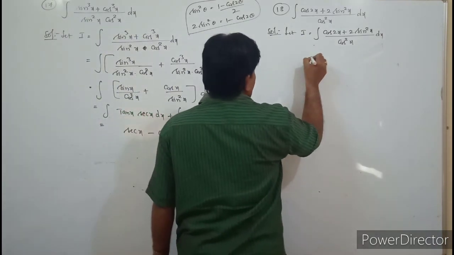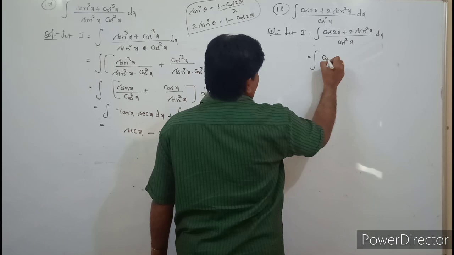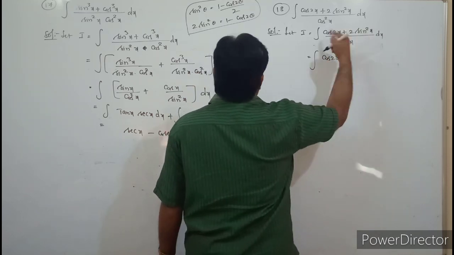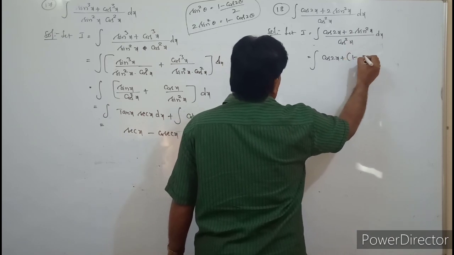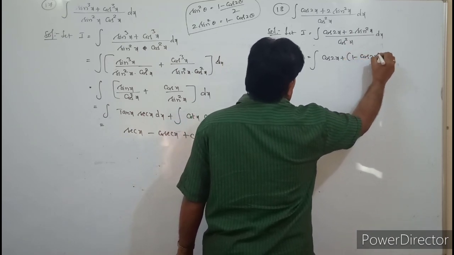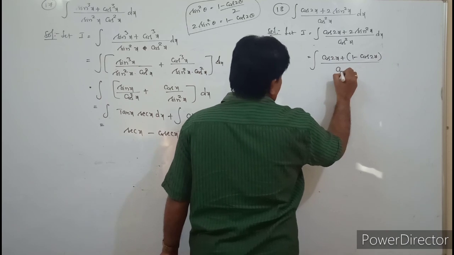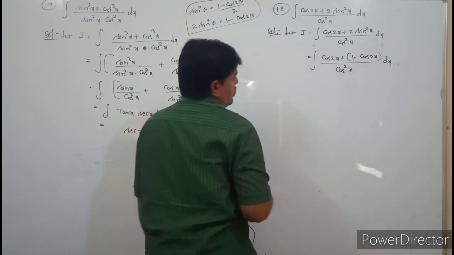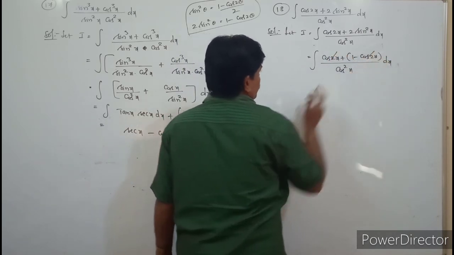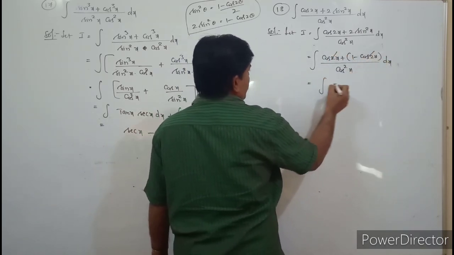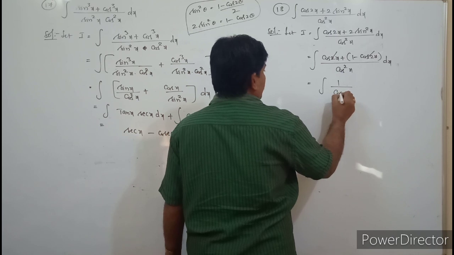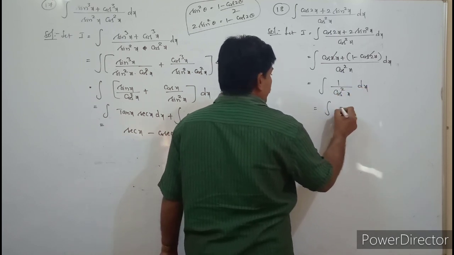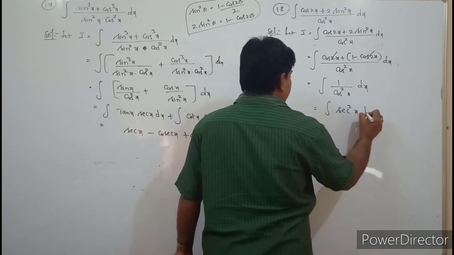So here, integral of cos 2x plus 2 sin square x, 2 sin square x you can write as 1 minus cos 2x, by cos square x into dx. So what happens, students? Cos 2x and cos 2x will be cancelled. So it will become integral of 1 by cos square x into dx, so integral of secant square x into dx.